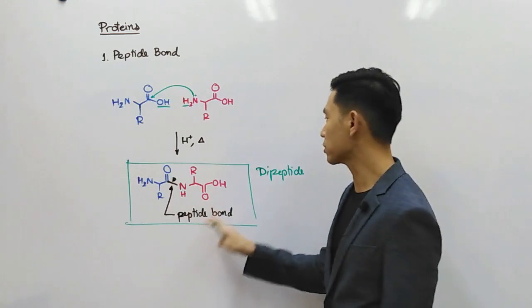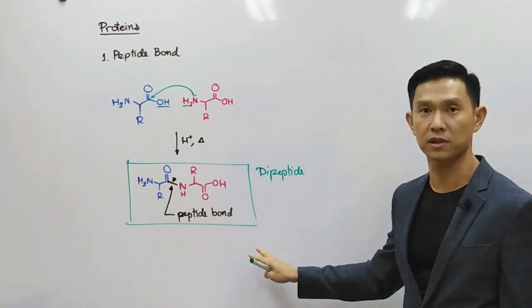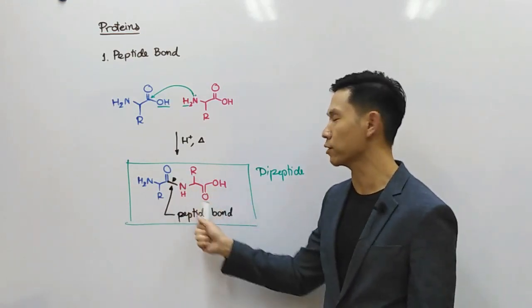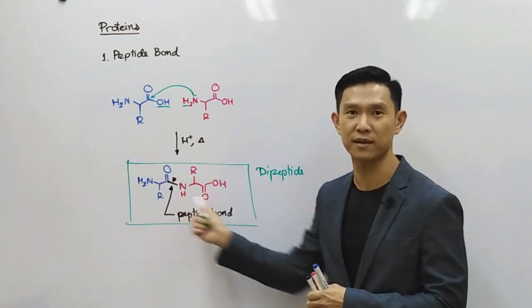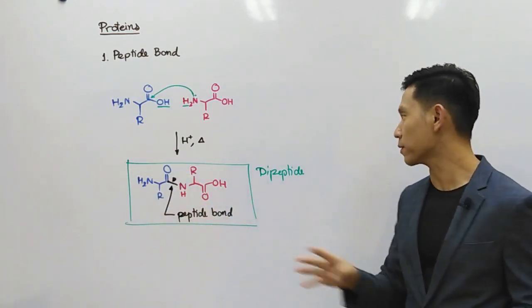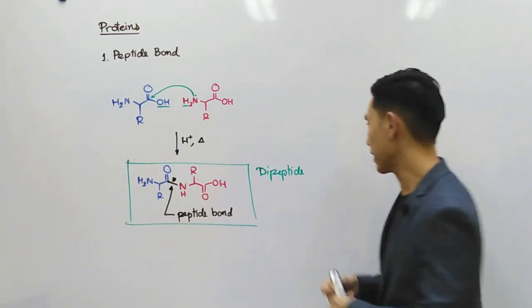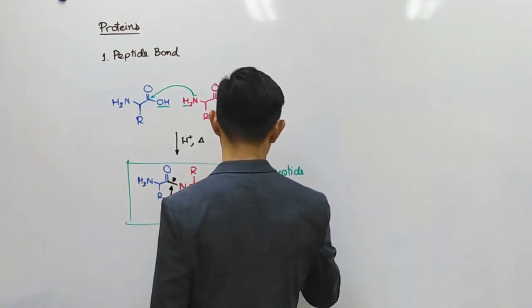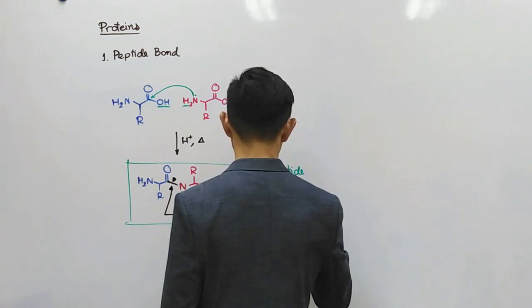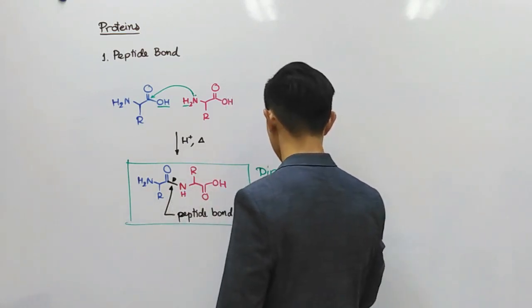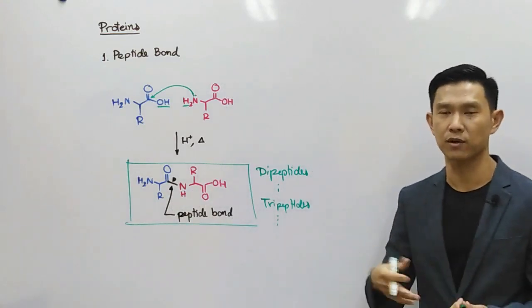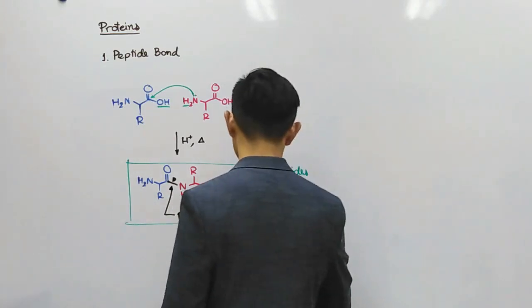So you have several peptide compounds: pink-blue, blue-pink, blue-blue, and pink-pink. You have 4 possible dipeptides, and more than that, you can also construct tripeptide, tetrapeptide, pentapeptide, oligopeptide, until you have polypeptide.